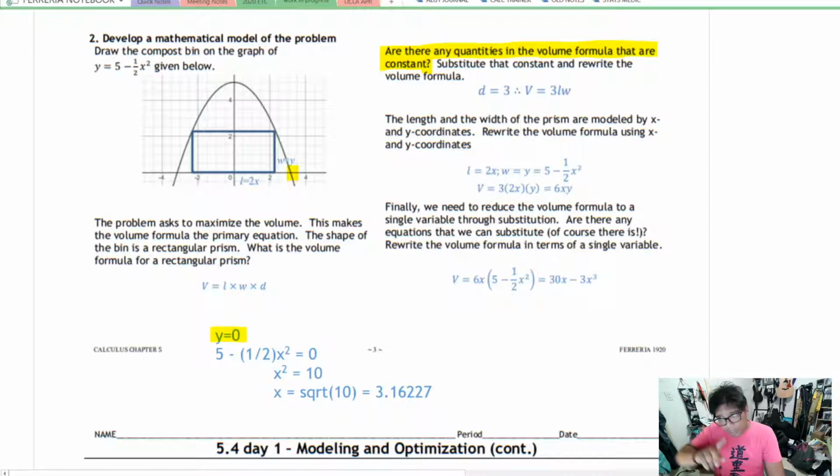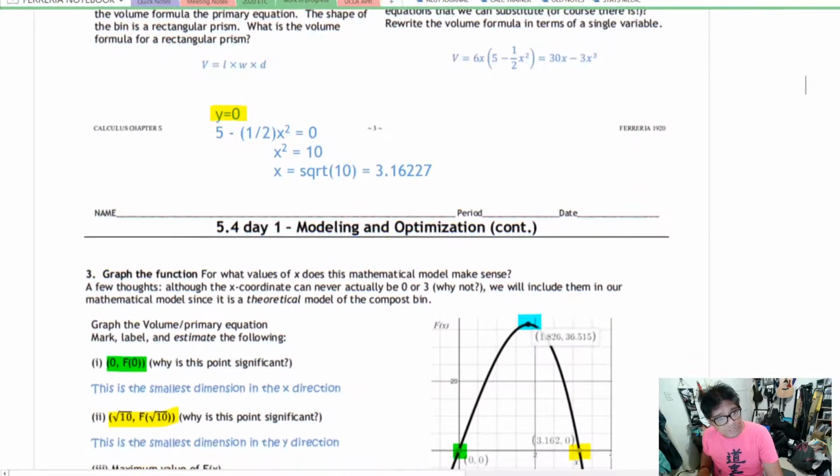So this is actually a good thing for you to realize if you're dealing with these and you're trying to figure out your domain. A good thing for you to do is probably to set each of the dimensions equal to 0, and that will give you the maximum and minimum dimensions in most cases.